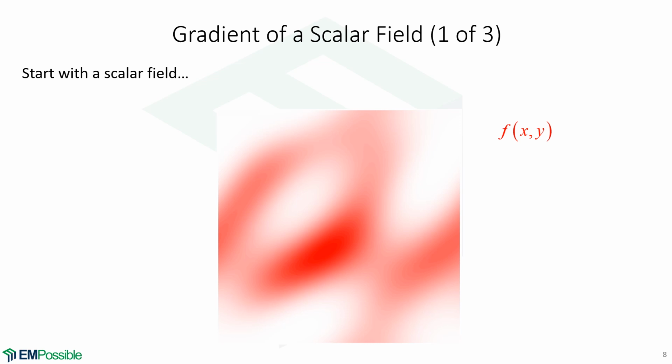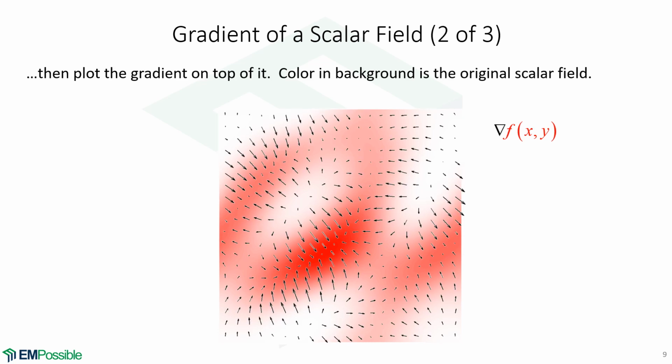Gradient of a scalar field. So we start with our scalar field. Now, if we calculate a gradient, that is pointing uphill, but it is not a smart function. And again, imagine you're standing on a very hilly terrain. The direction of up is not from where you are towards the highest peak. That would take too much intelligence. Instead, imagine you're just staring at your feet and you look at which way's up just immediately where you're standing.